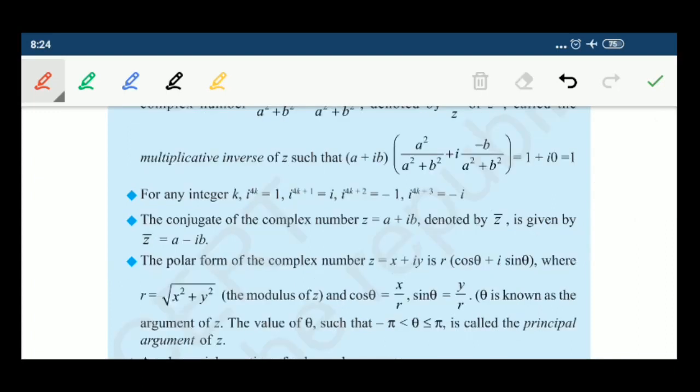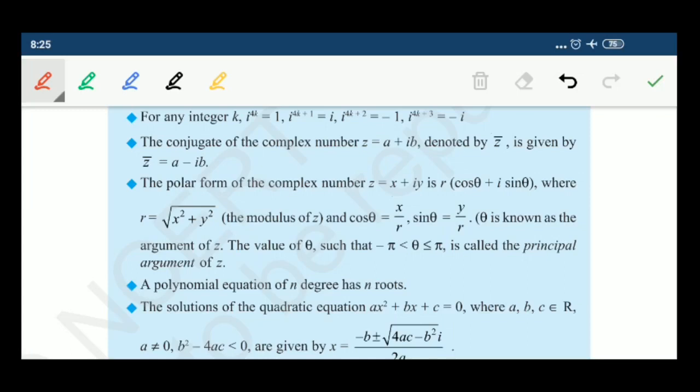See the next point, the powers of iota. And the next one is, what is the conjugate of a complex number? So this is your given complex number and its conjugate is this one. Now next, the polar form of a complex number. This is very, very important.